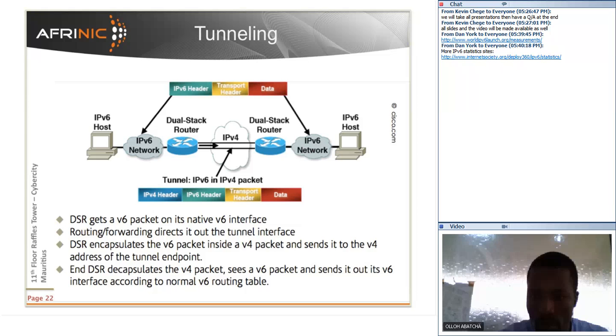So it gets encapsulated in an IPv4 packet with an IPv4 header, and it gets forwarded to the IPv4 network until it reaches the other dual stack router, which unencapsulates it again, and it's moved back as an IPv6 packet once again.